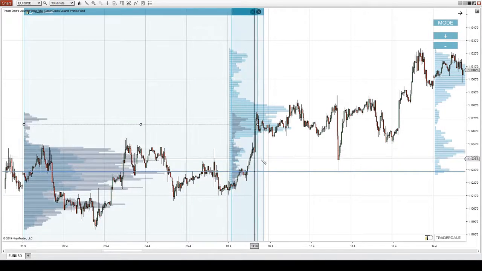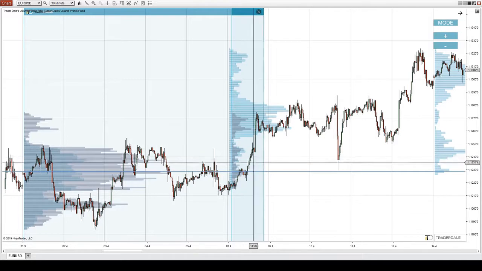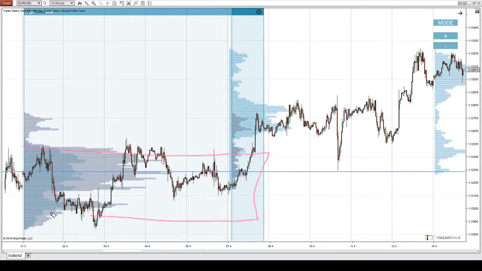So it's basically 1 week plus 1 day. Alright, so as you can see, from this whole area, the point of control was in here, confirming this level as a strong support zone.